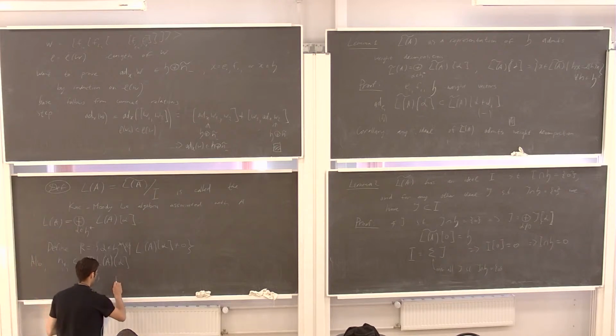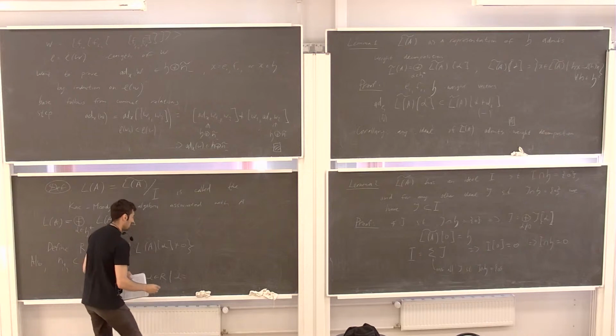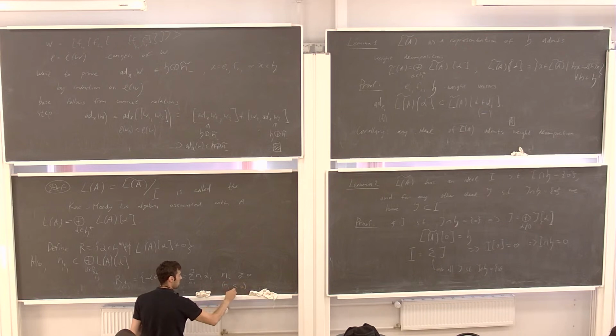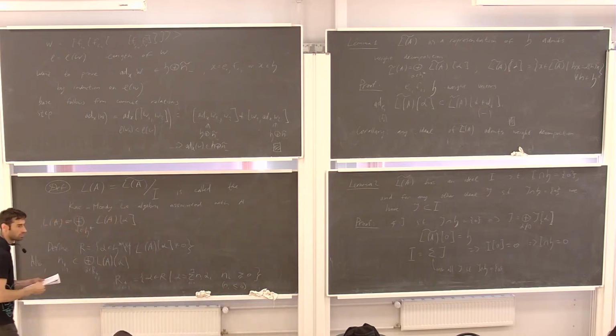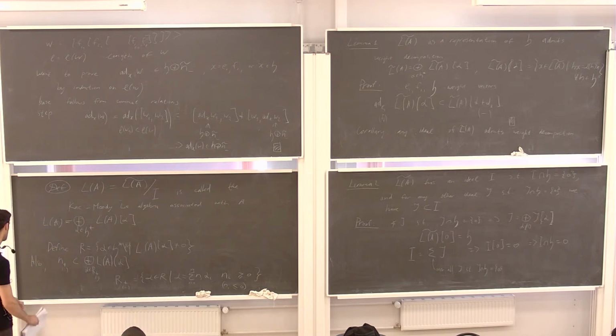And R plus or R minus is all alpha in R such that it is in the span of the alpha i's with coefficients n_i greater or equal than 0, or in the case of minus, less or equal than 0. So this one is obvious, that n plus and minus is inside such sets, right?